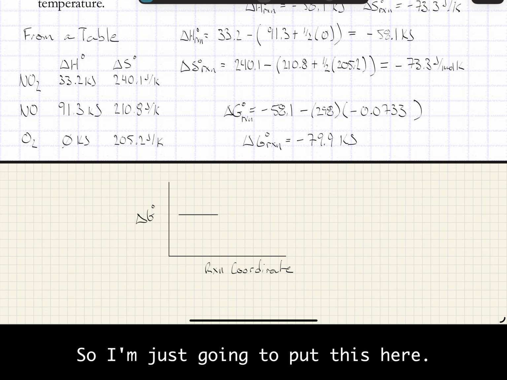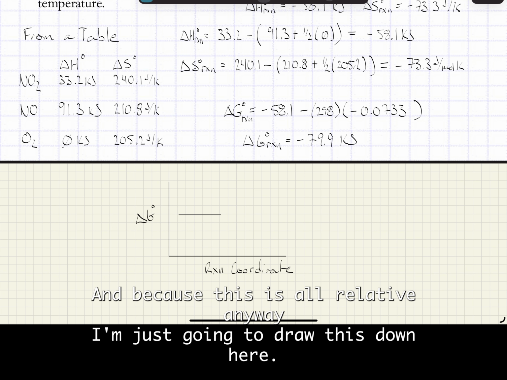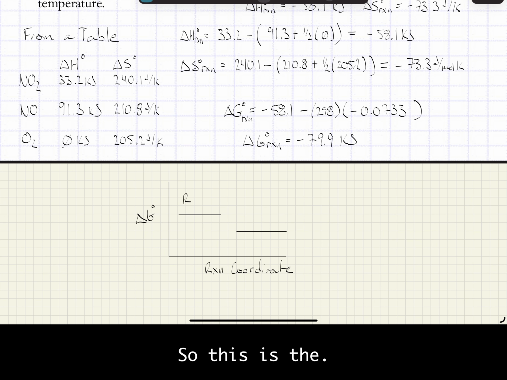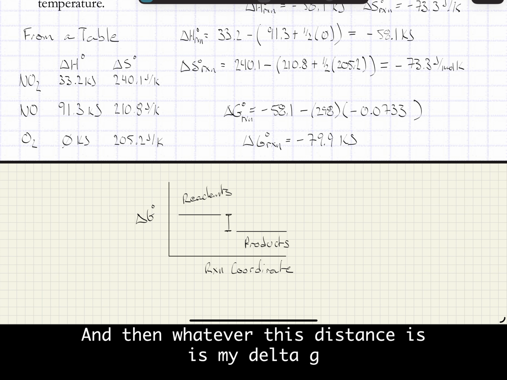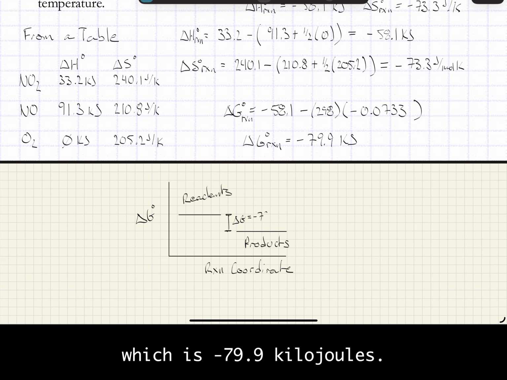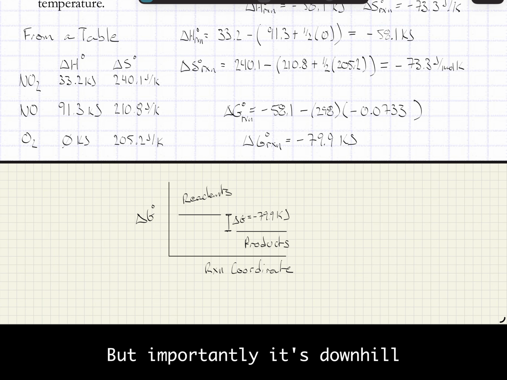So I'm just going to put this here. And because this is all relative anyway, I'm just going to draw this down here. So this is the reactants, products, and whatever this distance is, my delta G, which is negative 79.9 kilojoules. But importantly, it's downhill. From left to right, we go from high to low.